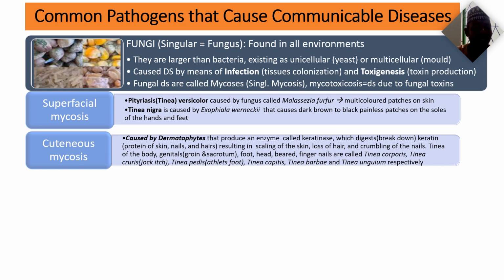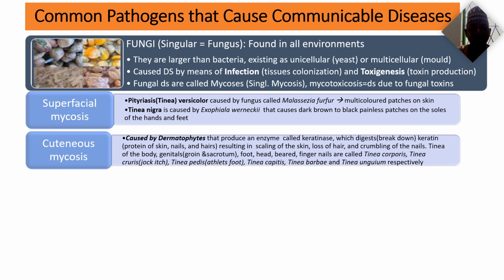It's a type of fungal infection that affects the layer beneath the uppermost, superficial layer of the skin, that is, the dermal layer. It is caused by a group of fungi known as dermatophytes, fungi that attack the dermal layer of the skin. They were named based on the site of the infection.